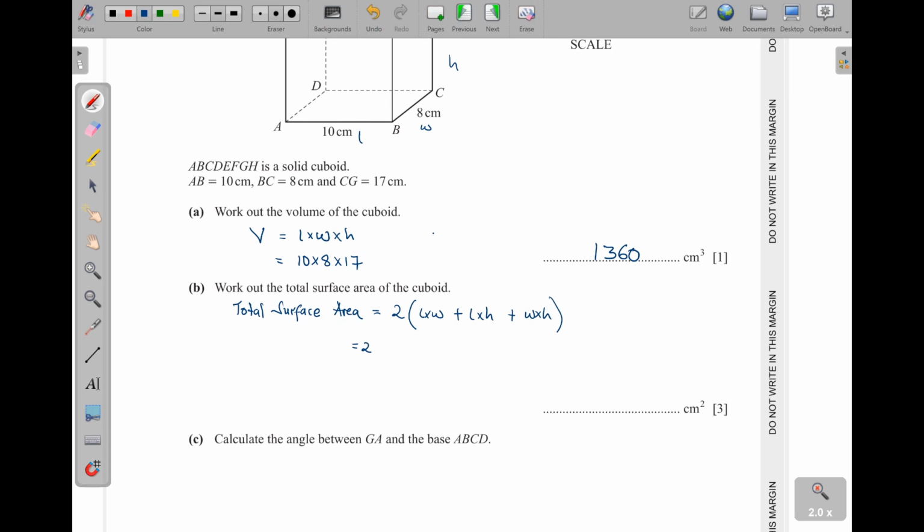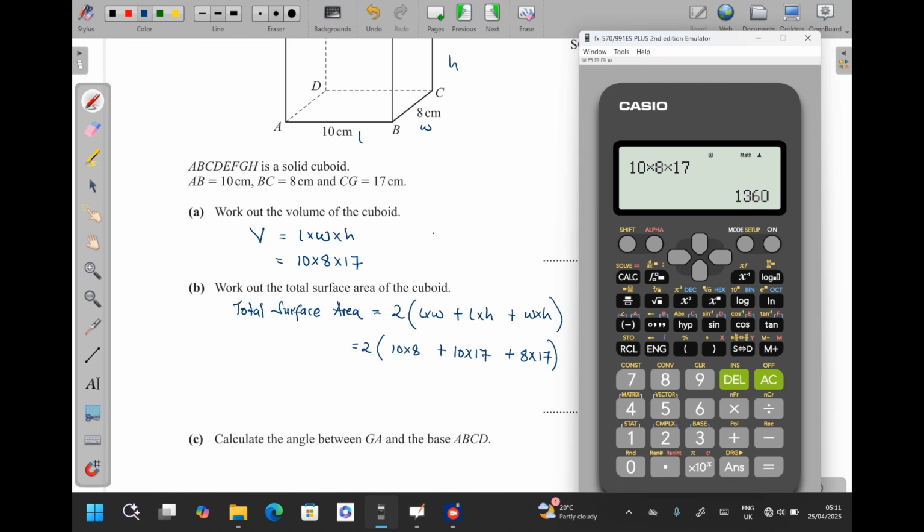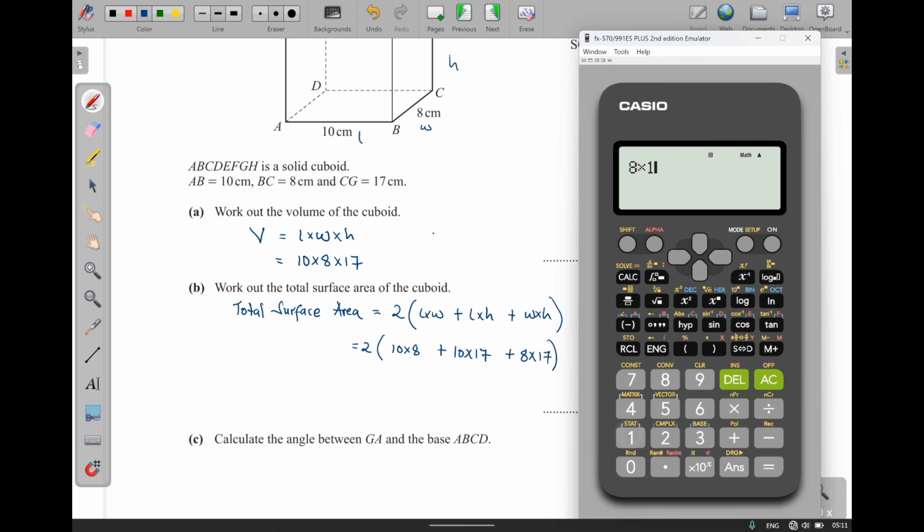This is 2 because we are seeing two faces. Length times width is 10 times 8, length times height is 10 times 17, and width times height is 8 times 17, which gives us 136.